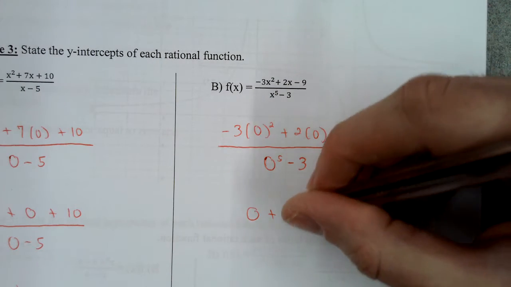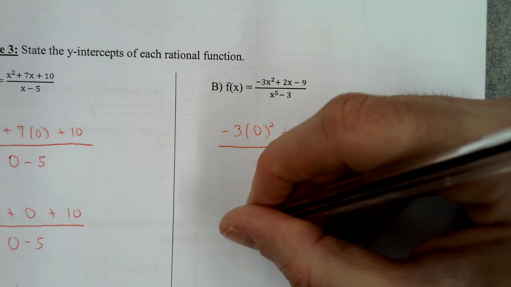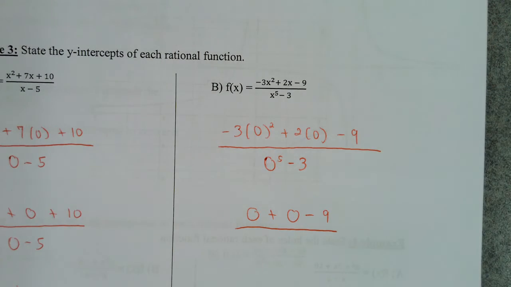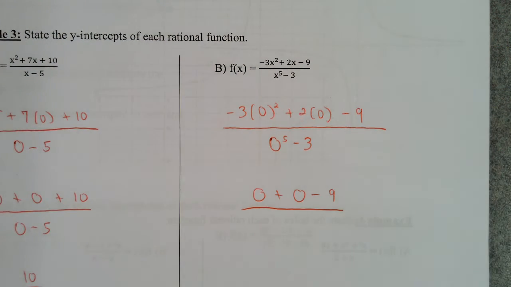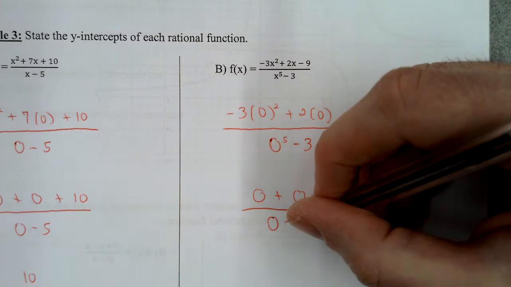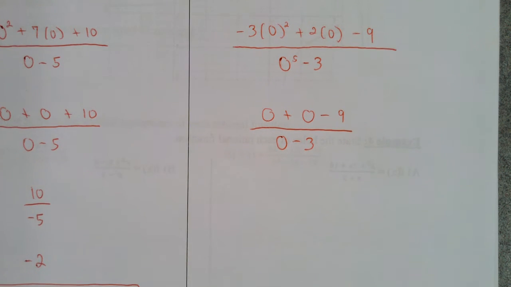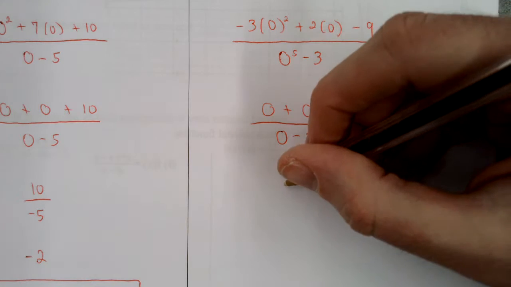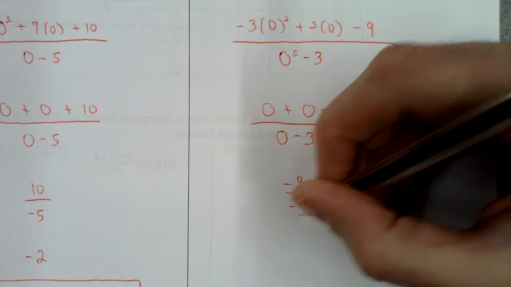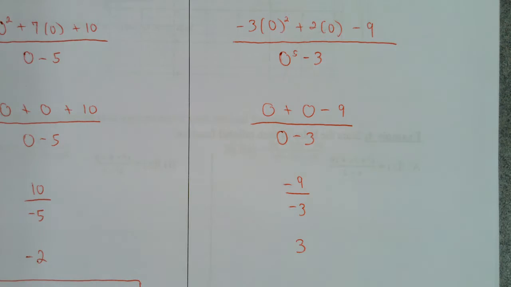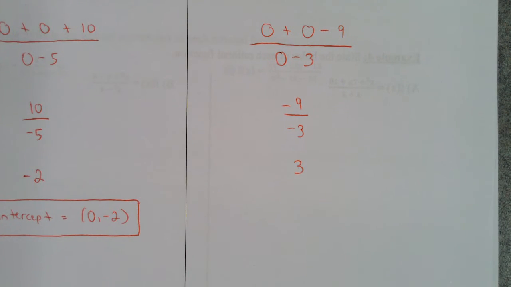Plus 2 times 0 is 0, minus 9. 0 to the 5th power means 0 times 0 times 0 times 0 times 0. That's still 0. And then minus 3. That gives us negative 9 over negative 3, which equals 3. The y-intercept equals 0, comma 3.